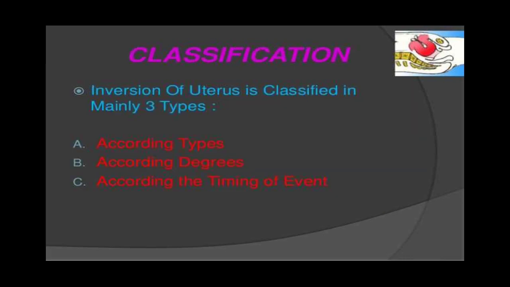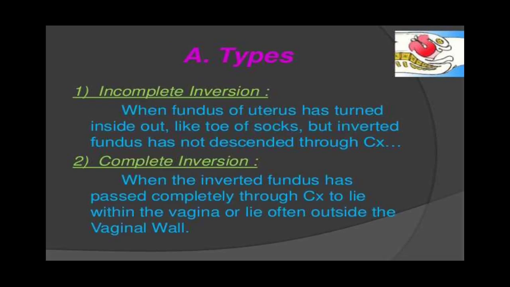Now inversion of the uterus is classified into mainly three types: according to the type, according to the degree, and according to the timing of events. First, according to type, that is incomplete inversion and complete inversion. Incomplete inversion means the fundus of the uterus has turned inside out like the toe of a sock, but the inverted fundus has not descended through the cervix.